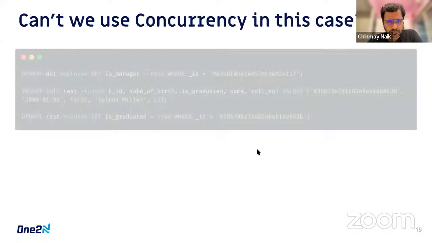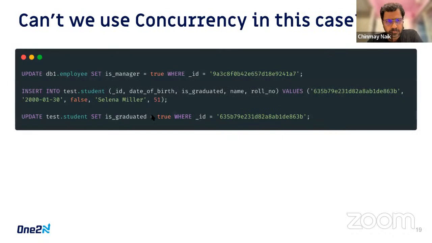So in this case, can't we use concurrency? We can, but we need to find other patterns. If you look at the problem statement again, the ordering is only problematic if the insert and update statements are for the same collection or the same table in the same DB.